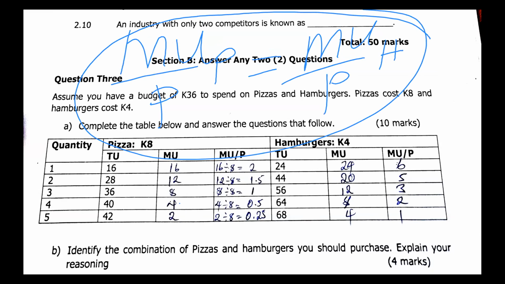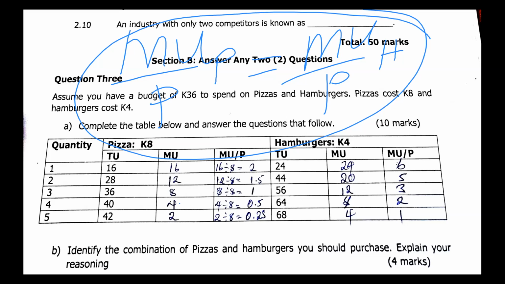Like where the marginal utilities over price are equal, in short. That is the combination that you get, which can help you to maximize your level of satisfaction. Okay? Yes, sir. So when you check here, you're just looking at where these two conditions are equal.